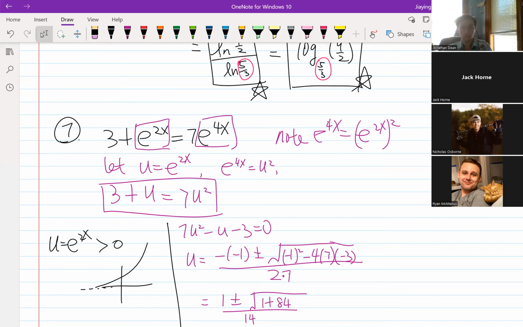So e to the 4x is the square of e to the 2x. Noticing that, you can rewrite the equation as a quadratic. All right, questions on this?